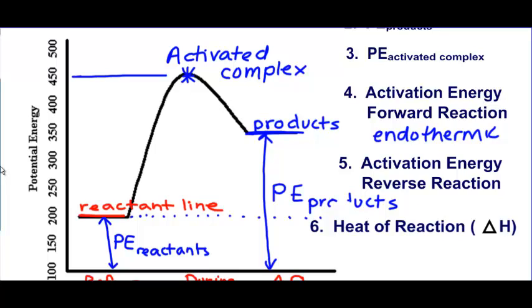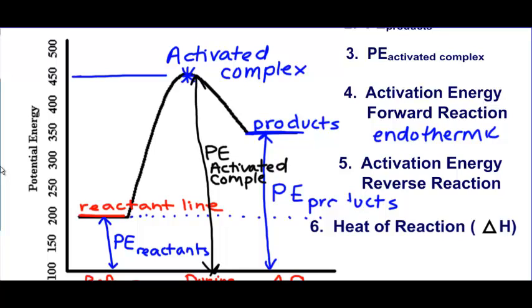Again, if I wanted to draw a line to represent that 450 joules of energy, it would start at my x-axis and go all the way to the top of the hill. All right? That's always the longest line on your curve. It is the PE of the activated complex. Sometimes I abbreviate that AC, the PE of the AC.